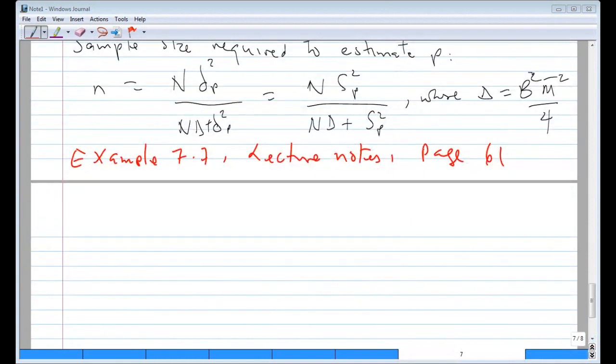Let me just try to read it a bit so that you can have an idea if you don't have it. For those who have it, please open page 61.